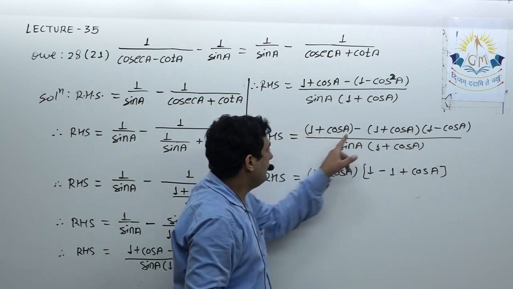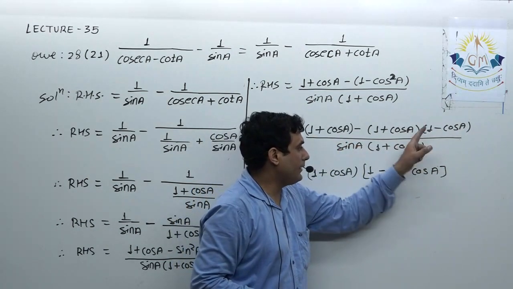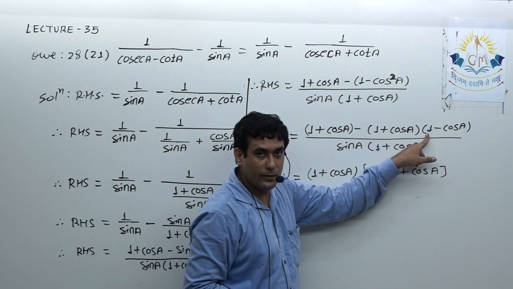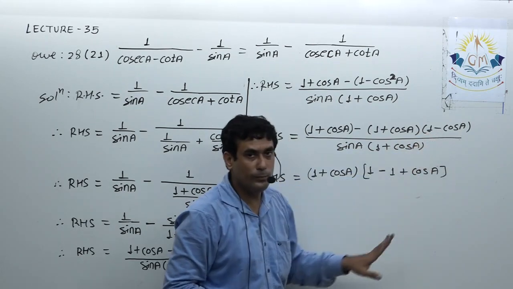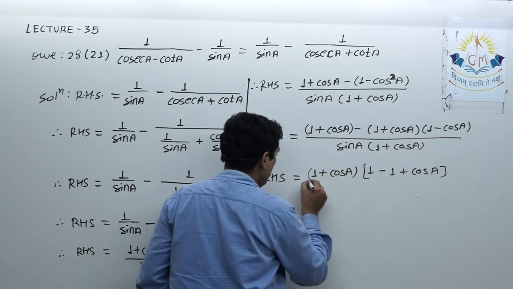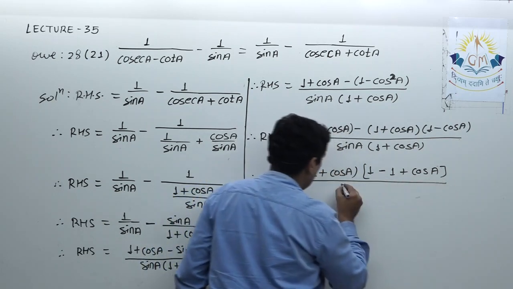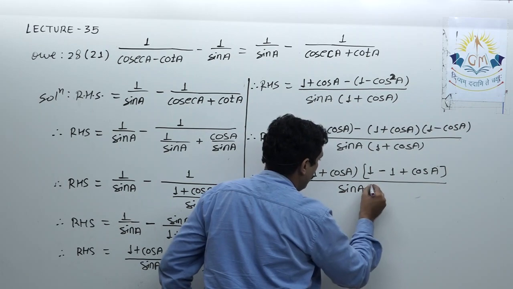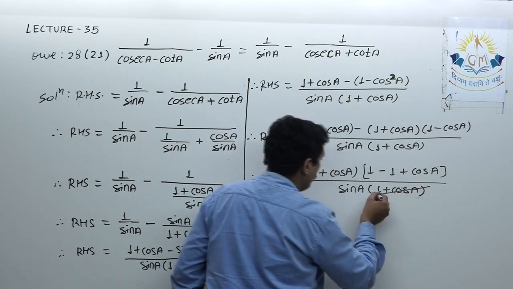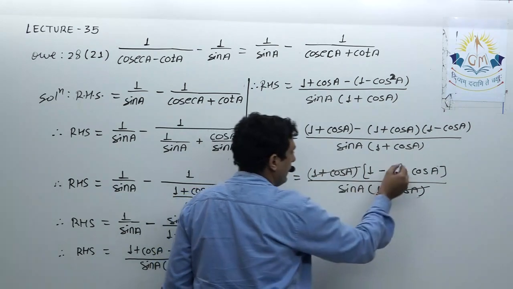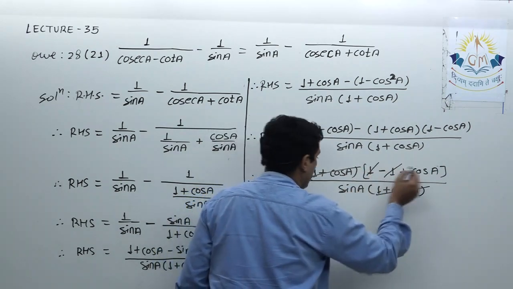Okay, 1 minus, now here as the minus sign is there, while opening the bracket this 1 will become negative, this minus cos will become positive, upon sine A into 1 plus cos A. So here again this 1 plus cos A, 1 plus cos A cancel, minus 1 plus 1 cancel.